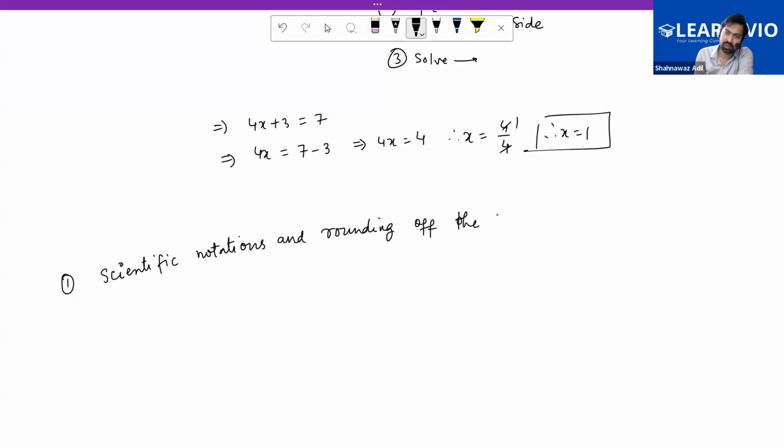And then we will also use the idea of powers and exponents.